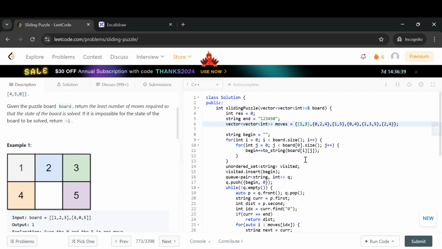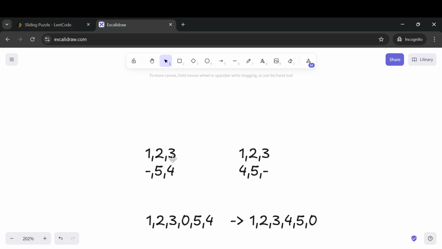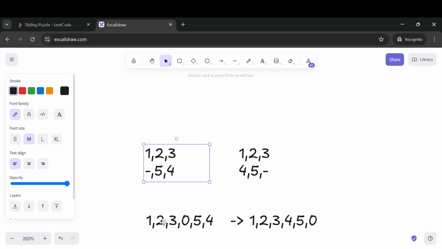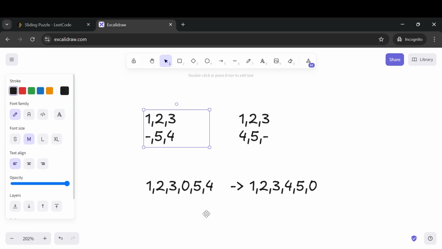Here what they have done is initially they have taken the beginning position of the matrix, which for this example will be 1 2 3 0 5 4.